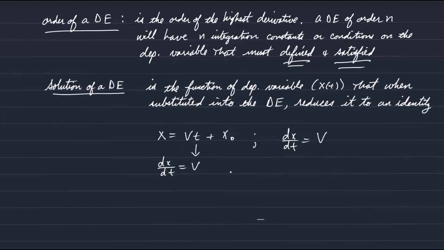Formally, we would insert v for dx/dt in our original equation and see that v is equal to v, which is an identity. So indeed, this is a valid solution to the original differential equation.